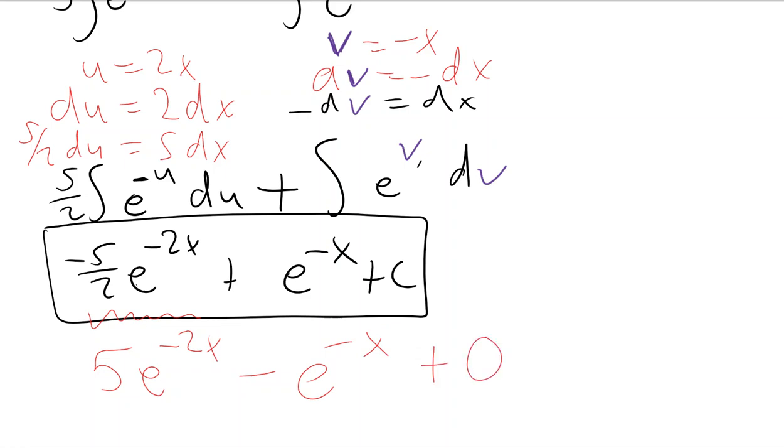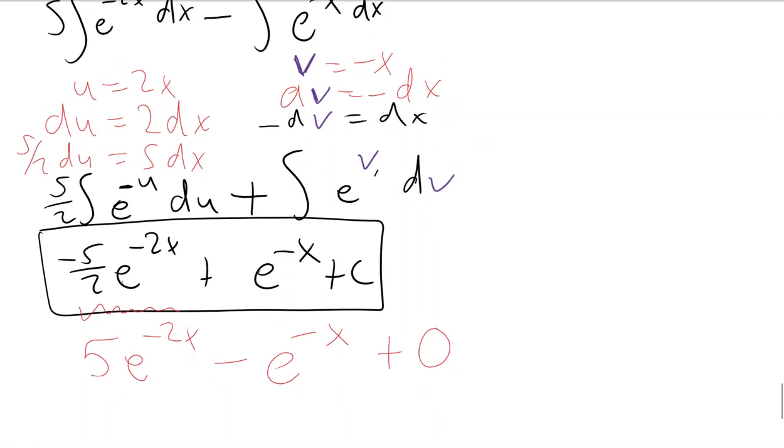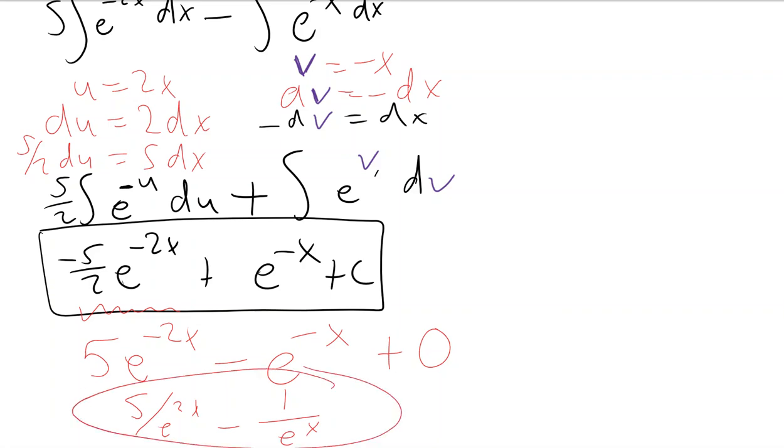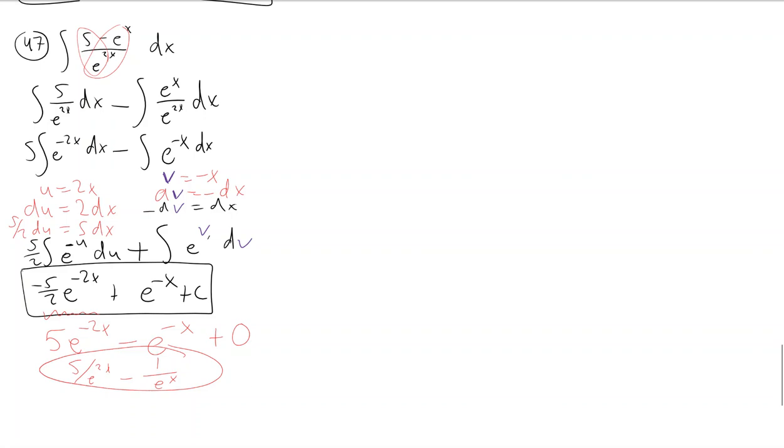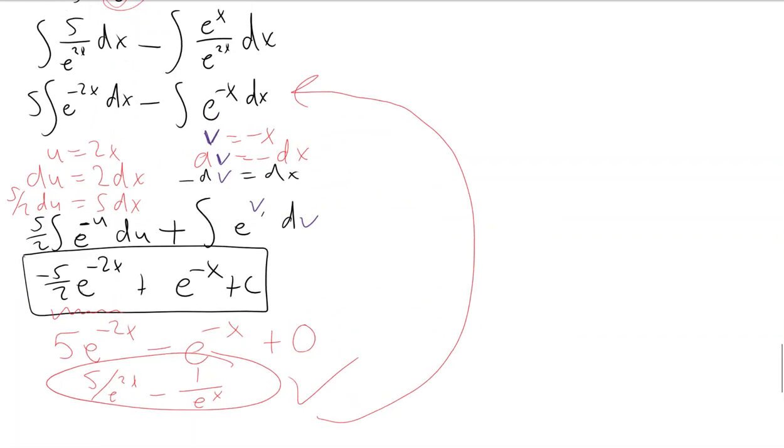And the derivative of a constant is 0. So 5 over e to the 2x minus 1 over e to the positive x. And if I zoom out enough, that looks like what we were getting up here. So looks like it should be fine.